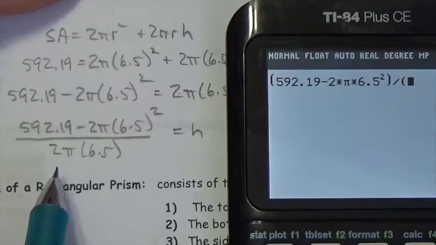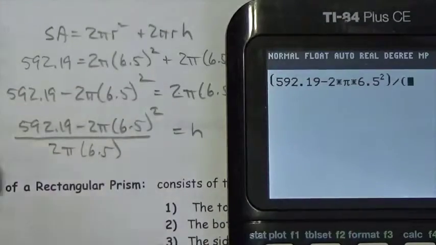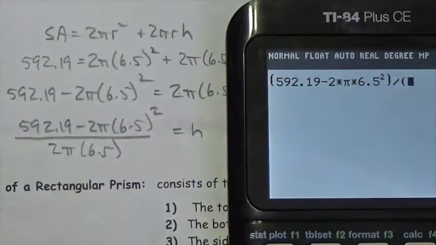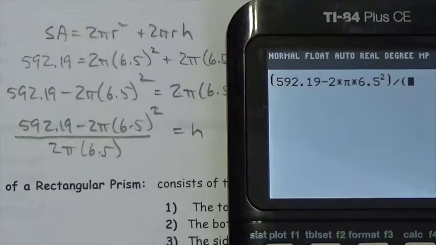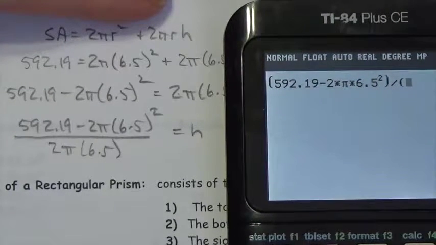If you don't open that set of parentheses for the denominator, then you're dividing by 2, and then you're going to multiply the numerator by pi times 6.5. A lot of times people have no idea. They don't even notice that the answer is really, really wrong. So please make sure you put parentheses around this.